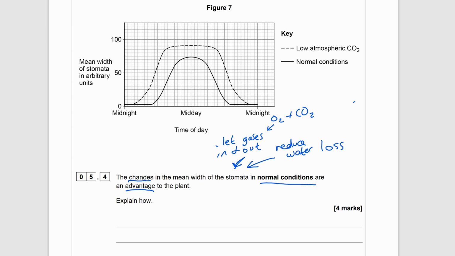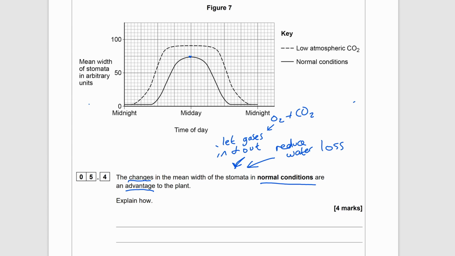At midnight, it remains relatively low, but then when it starts to get closer to midday, it starts to increase, and then at midday, it's at its peak, highest. Then as it starts to get on in the day, it starts to decrease, and then at midnight, it's low again.